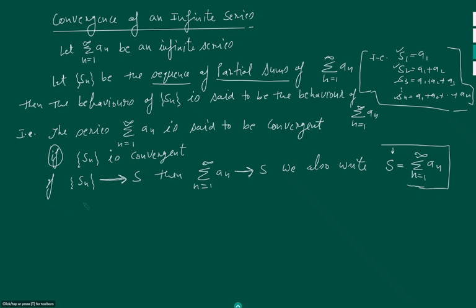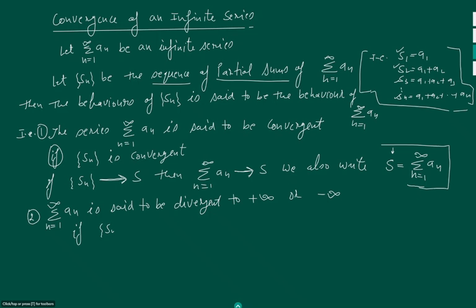All right. The series is said to be divergent to plus infinity or minus infinity if the sequence of partial sums diverges to plus infinity or minus infinity.